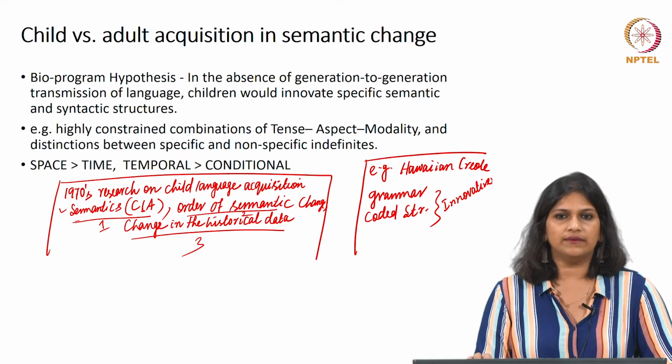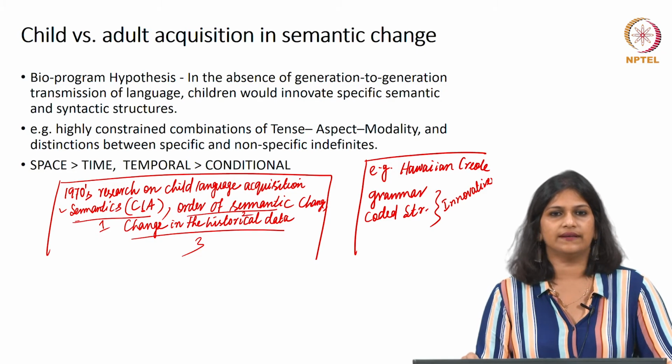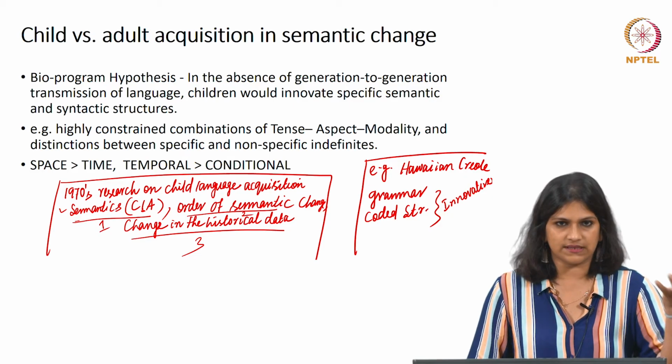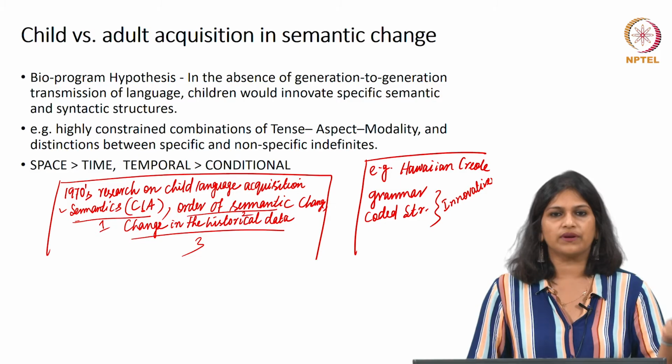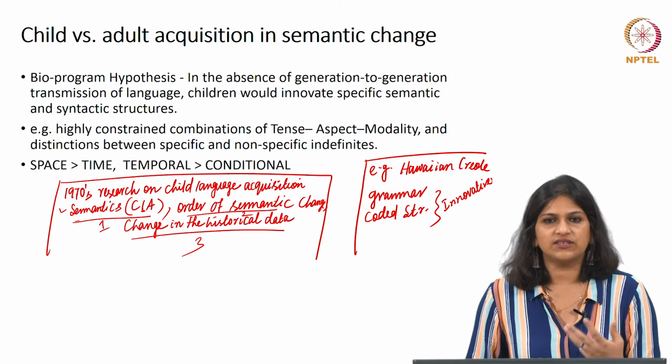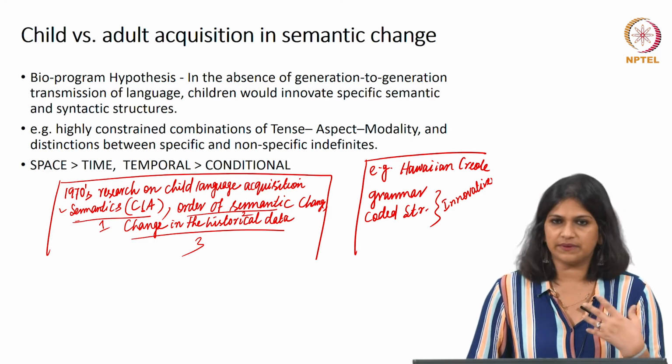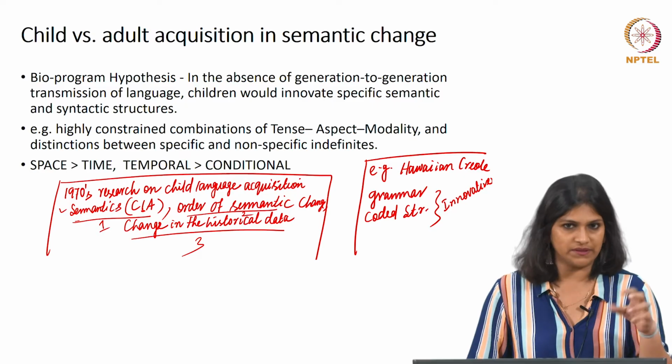Okay. So, the statement here is that the bioprogram hypothesis has been largely exploded because it has been shown that creoles may be developed by adults, which has been extremely criticized. Okay, exploded means criticized.